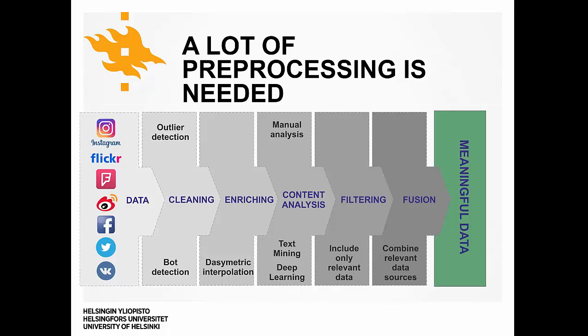Then in technical terms, a lot of pre-processing is needed. It's not that we take the data from an API and then get the map out. There's a lot of cleaning and other things that need to be done in order to get meaningful data out.